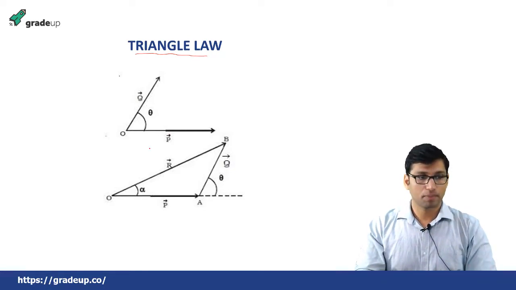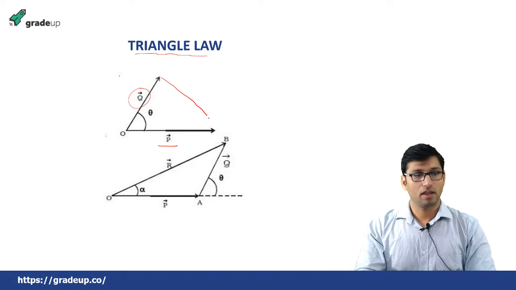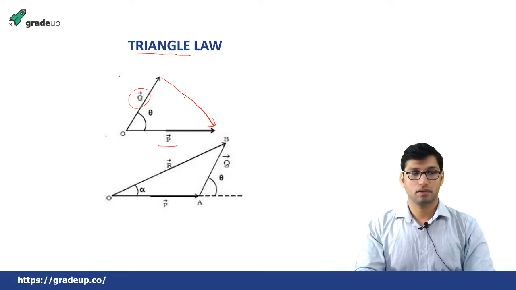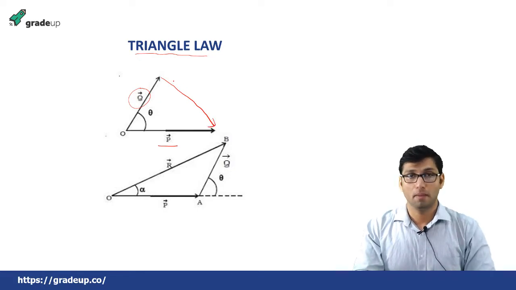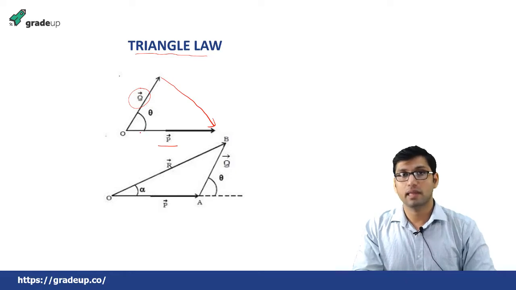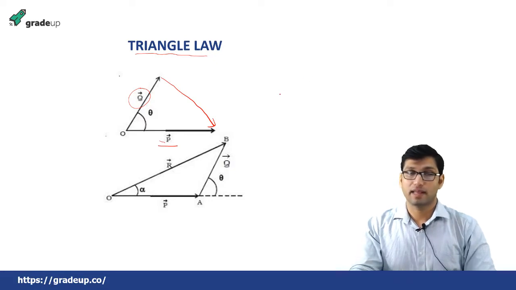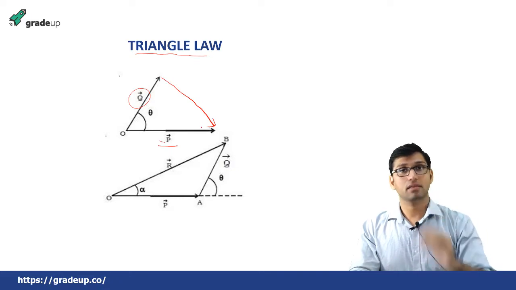Suppose these are two forces P and Q. If I complete these two forces, then it will be a triangle. But are these forces taken in the same order? No. This force is P and this is Q. They are in the opposite direction. The forces should be taken at the adjacent sides of the triangle, but this is not the adjacent side.